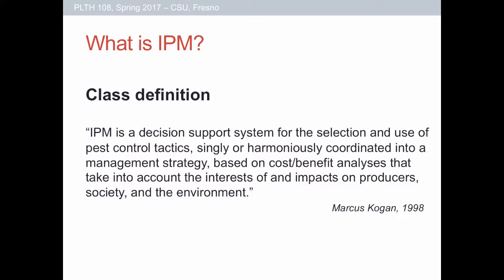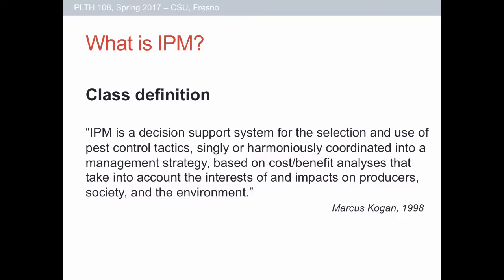I like Marcus Kogan's definition from 1998, where he says that IPM is a decision support system for the selection and use of pest control tactics singly or harmoniously coordinated into a management strategy. This is based on cost-benefit analyses that take into account the interests and impacts of producers, society, and the environment.